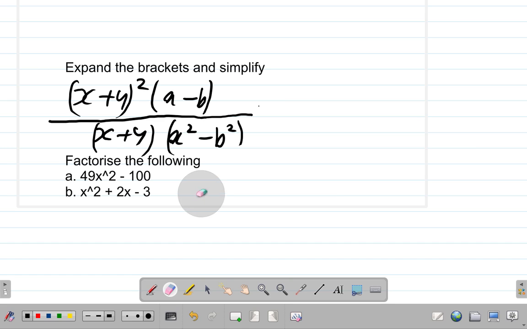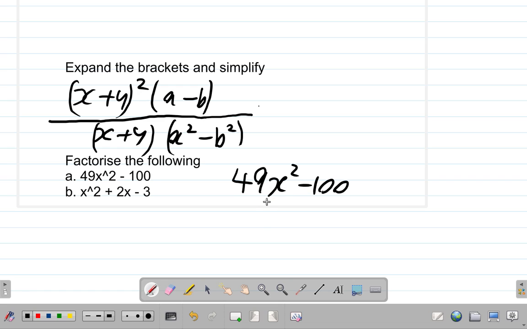Here now, factorize the following. Now, this is 49x squared minus 100. Let me just write it out in plain English. 49x squared minus 100.